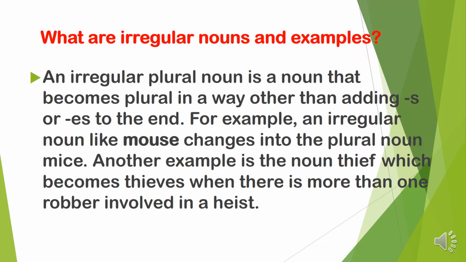Another example is the noun thief, which becomes thieves when there is more than one robber involved in a heist. That's a very clear explanation, my dear students. Thief, a singular noun, becomes thieves in the plural form when more than one robber is involved in a heist. That is how we form singular to plural forms of nouns.